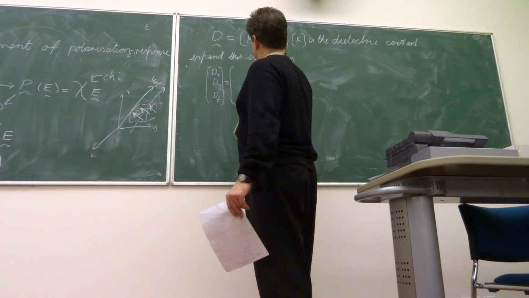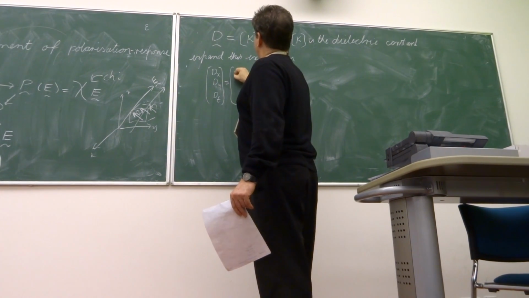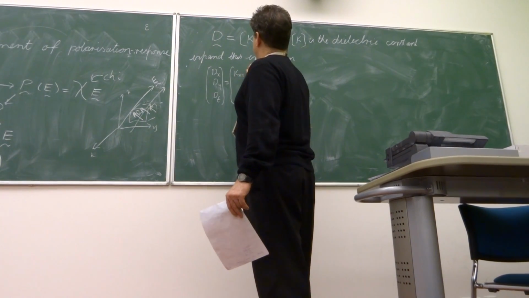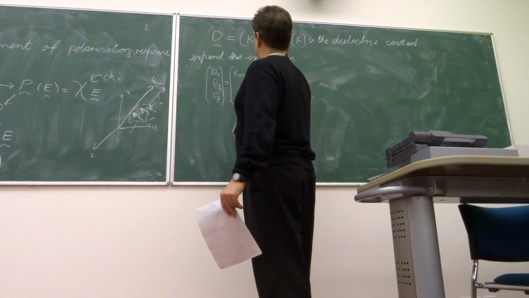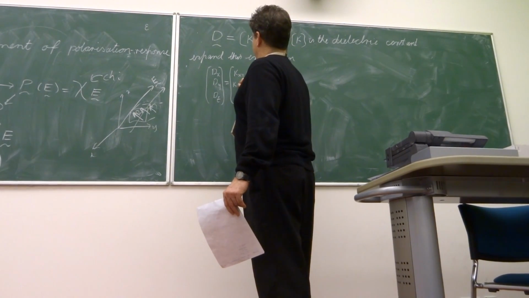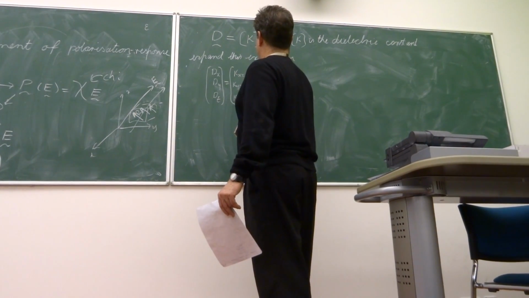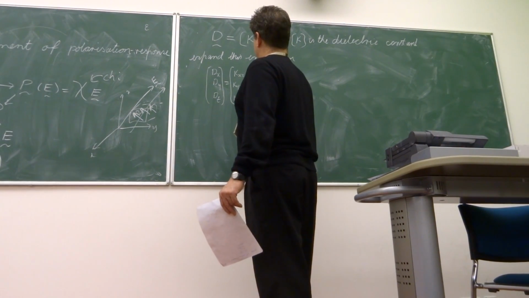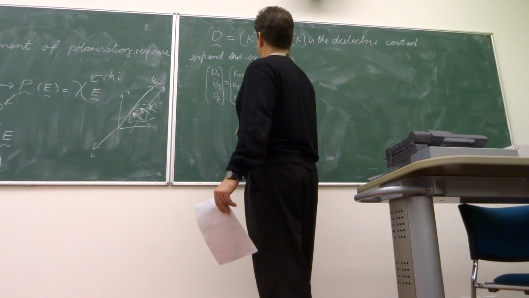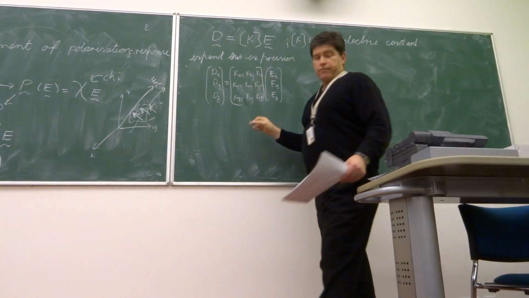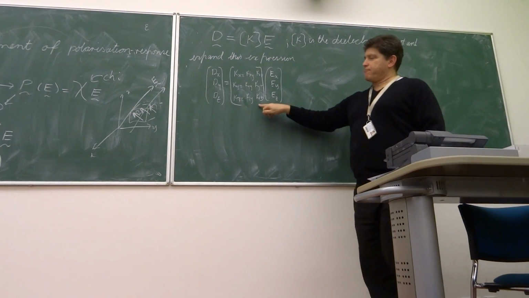So here's our matrix: you've got KXX, KXY, KXZ, KYY, KYZ, KZX, KZY, KZZ.